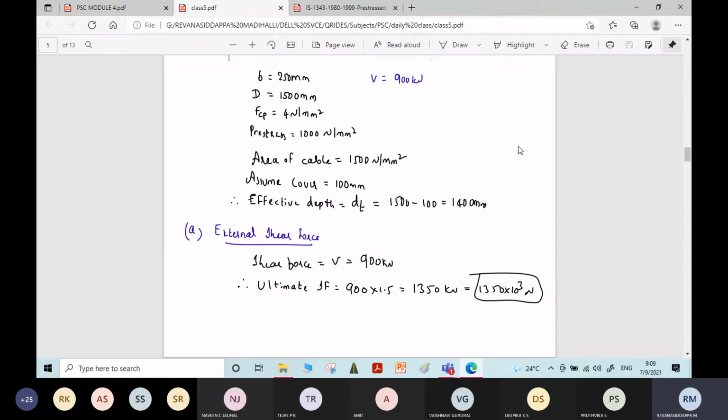Therefore, in the next step, we will find the internal shear resistance.